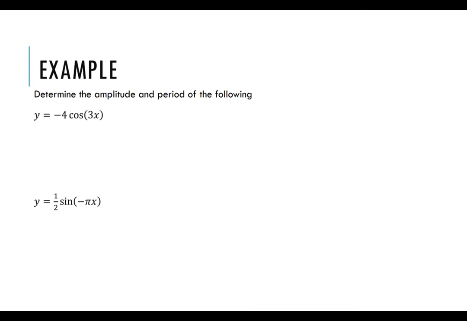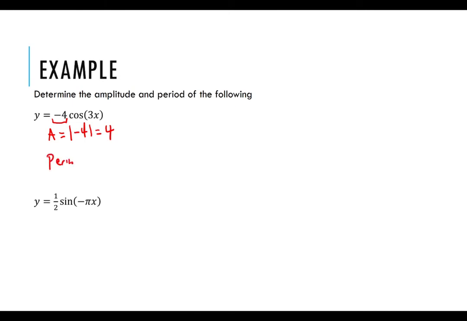Now let's determine the amplitude and the period of the following. If y is equal to -4 cosine of 3x, we know that our amplitude is just the absolute value of the coefficient of the trig function. So the absolute value of -4 is +4, and so my amplitude is 4.